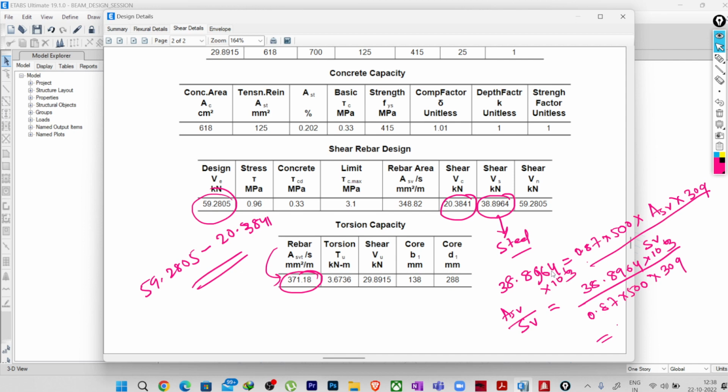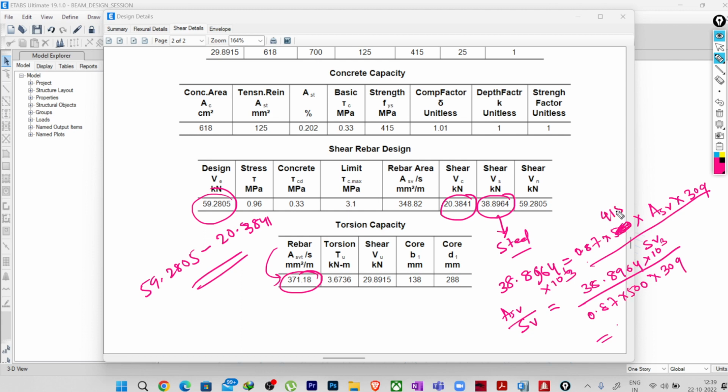Okay. One thing. Please check it once again. Okay, it is 415. Yes.